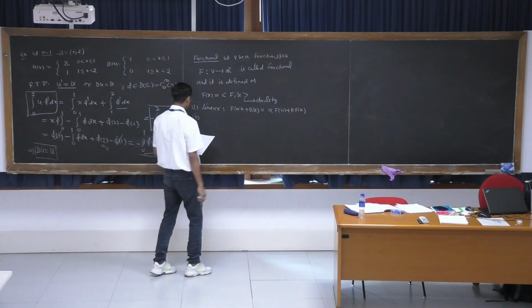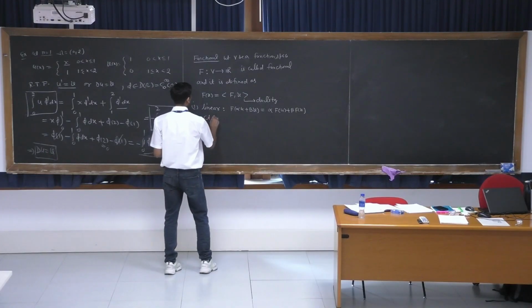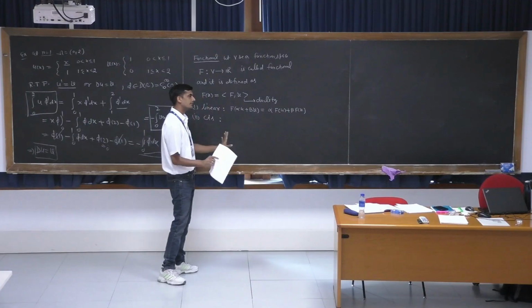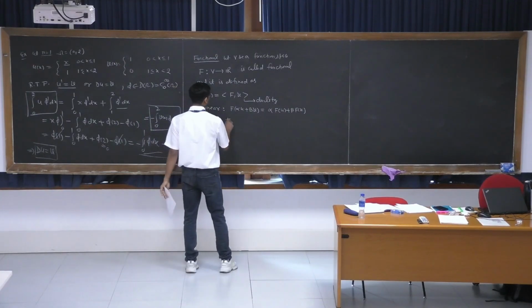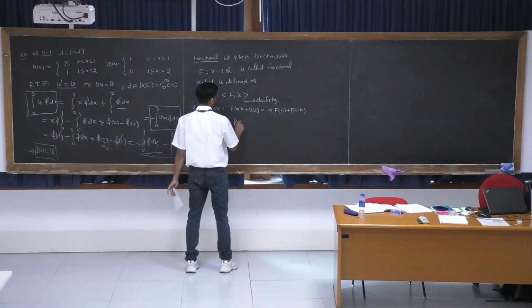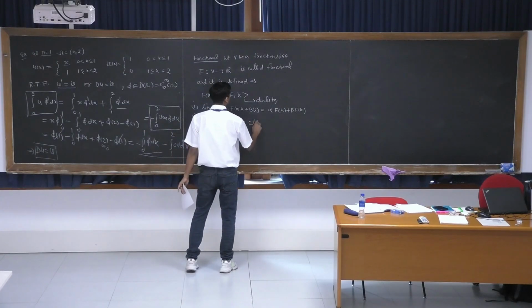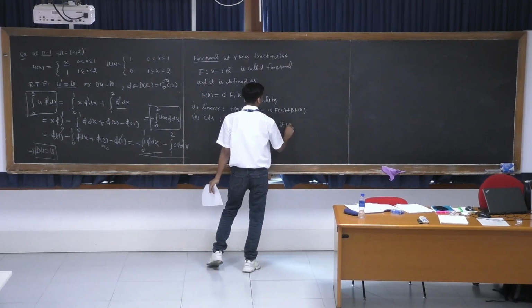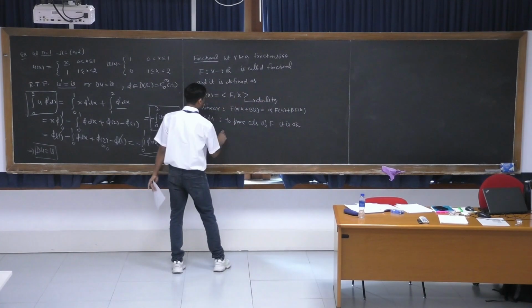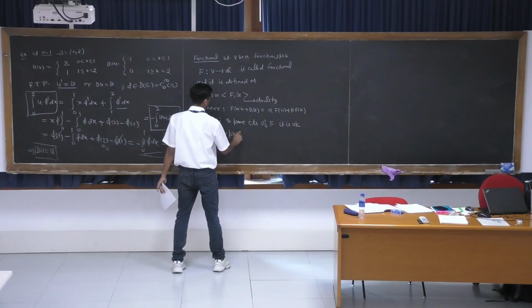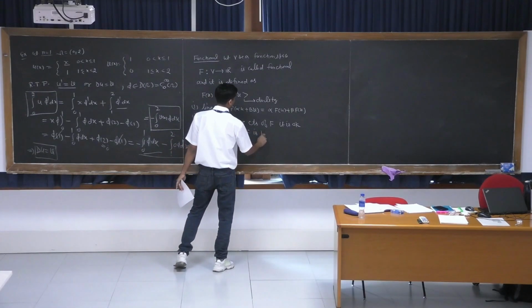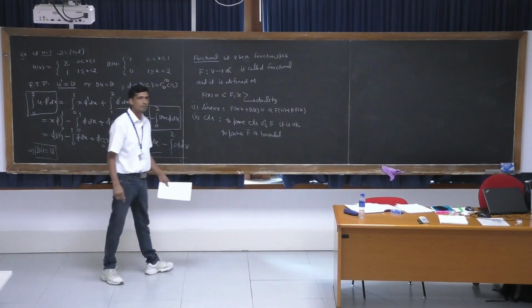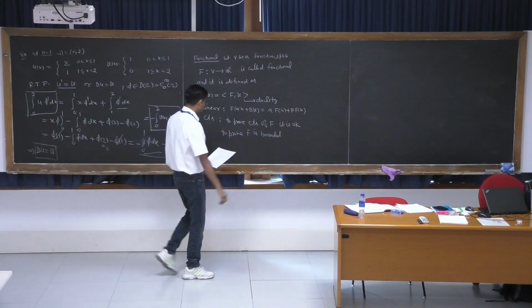Now to prove the second thing, continuity, if you prove that this functional is bounded, then that is enough. Means to prove continuity of f, it is okay to prove f is bounded. So for boundedness, what do you have to prove?